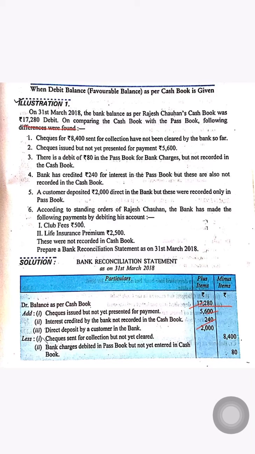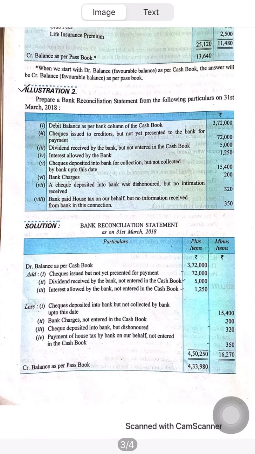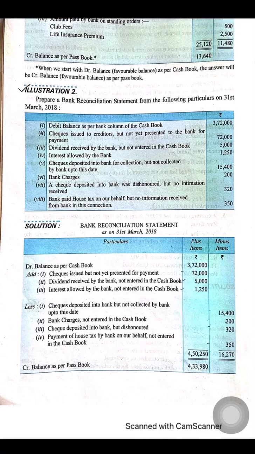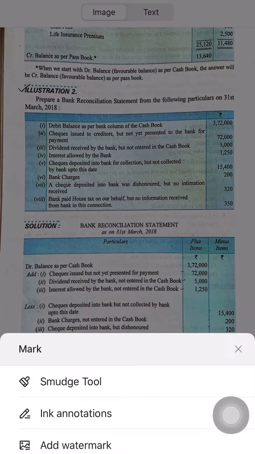Okay, and everything else, 480 and so on, will be in the minus column. Now the total of the plus column will be 25,120. The total of the minus column will be 11,480. When we subtract these two, it will be 13,640. It will be our answer.